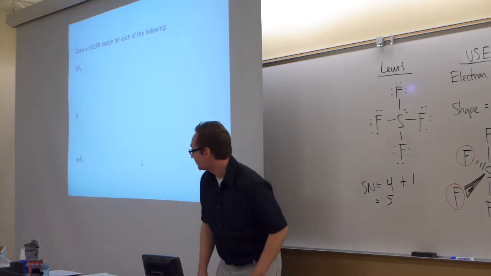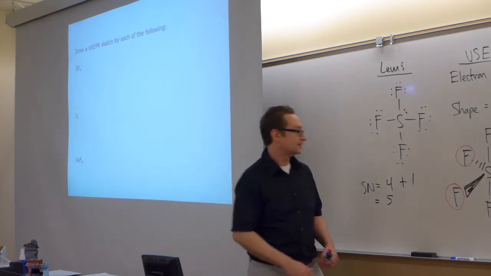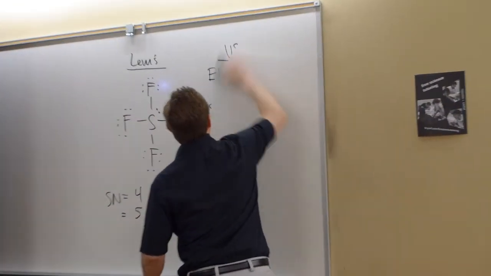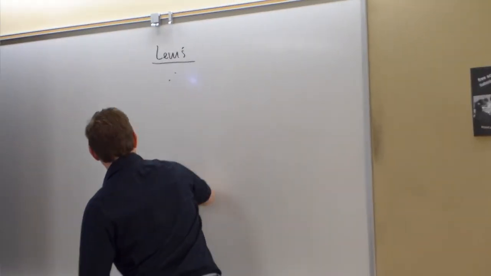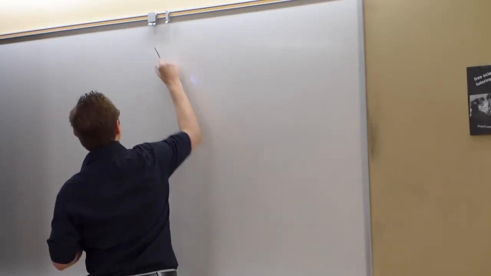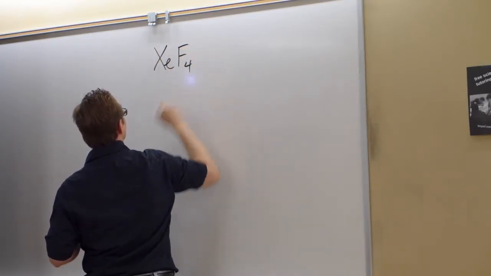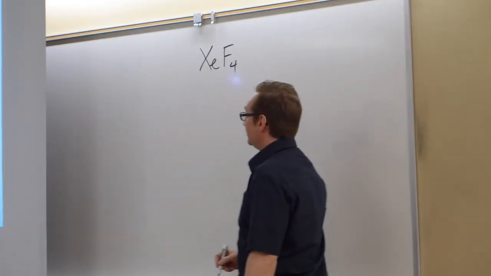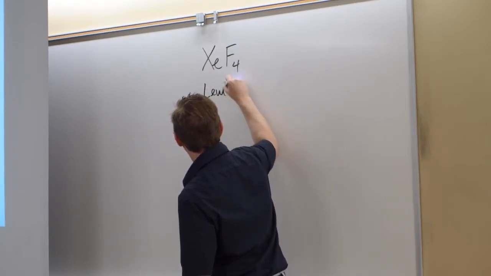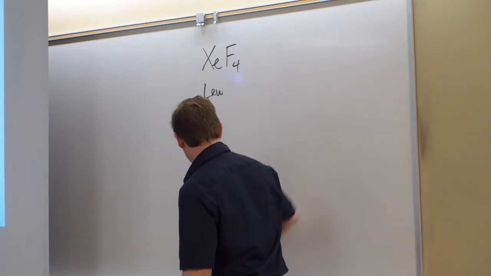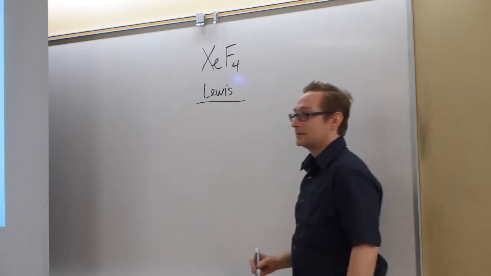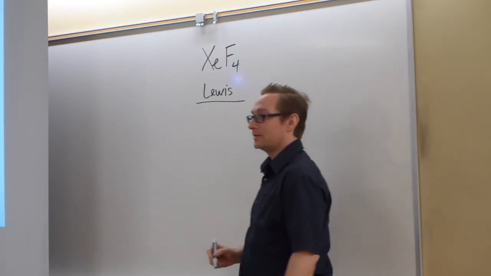What about, let's see, we've got one last one here, xenon tetrafluoride. What would the Lewis structure look like? Anyone venture to guess?